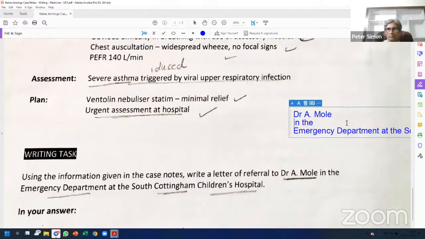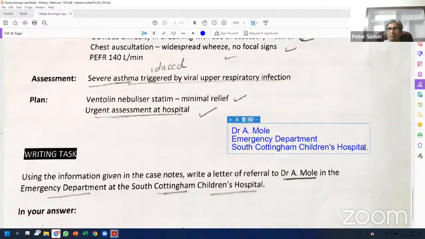Dr. A. Mole, emergency department, South Cottingham Children's Hospital, South Cottingham.